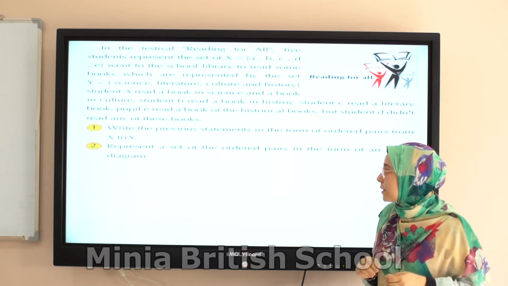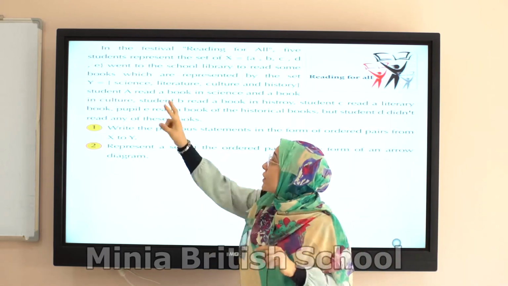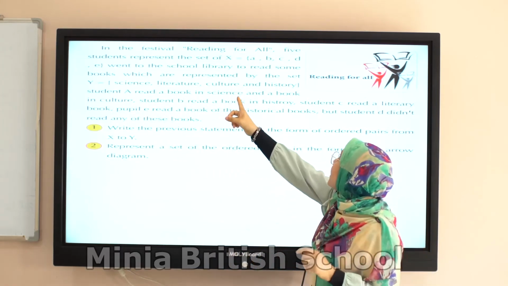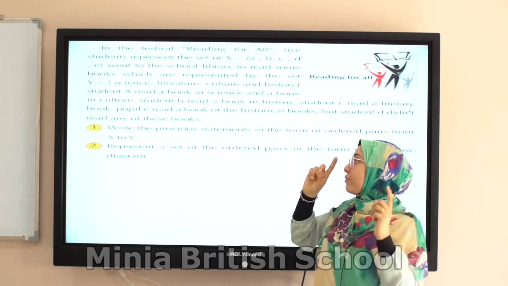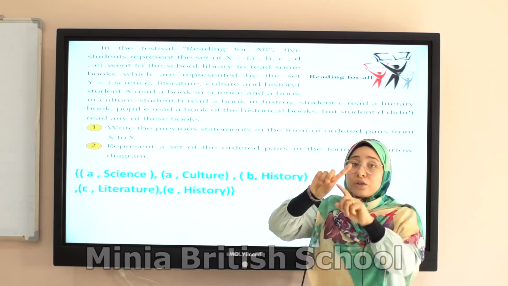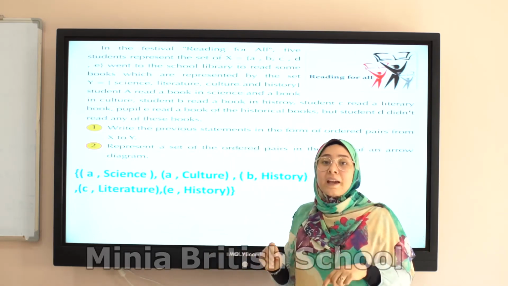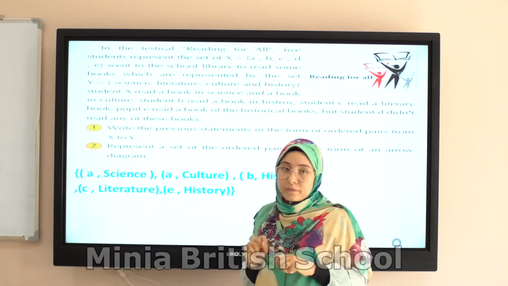In the first ordered pair, student A read 2 books, a science book and a culture book. So I write in the first ordered pair, student A and the science book.